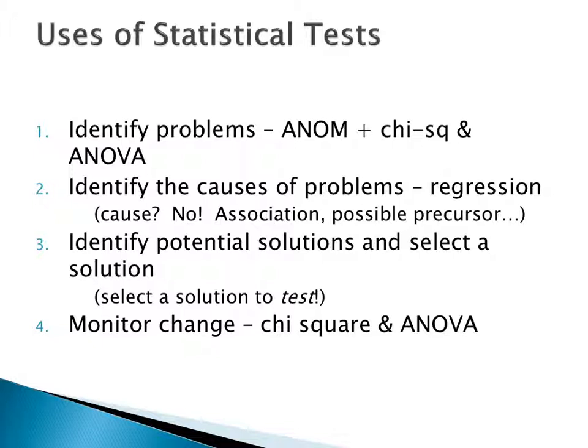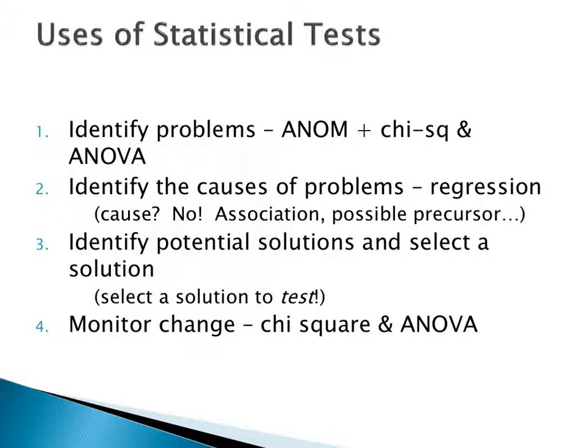Analysis of means, chi-square, and ANOVA are all good tools for that. We can identify the causes of problems using regression analysis, but I say no. We can identify an association, possible precursors, but we cannot really identify the causes.